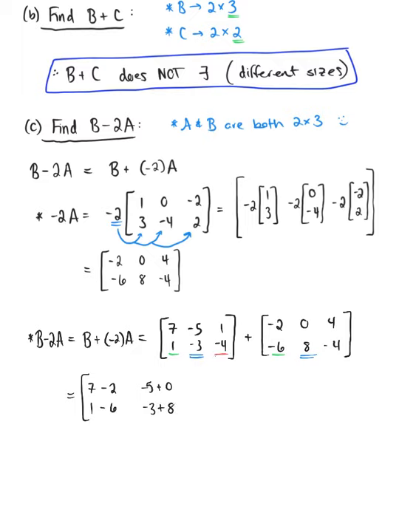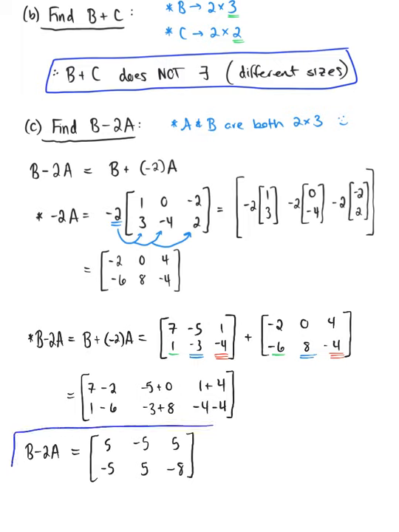And last but not least, we want to add those third corresponding column vectors, which leave us with 1 plus 4 over negative 4 minus 4, for the beautiful final answer of 5, negative 5, negative 5, positive 5, positive 5, negative 8. And so there you have it. This is the beautiful final answer for B minus 2A.